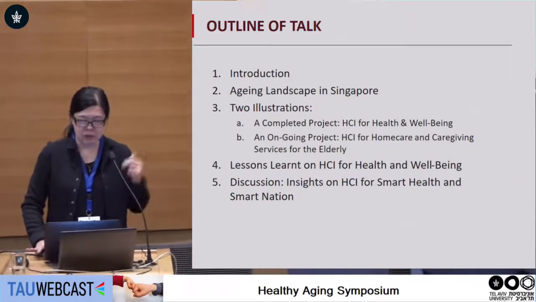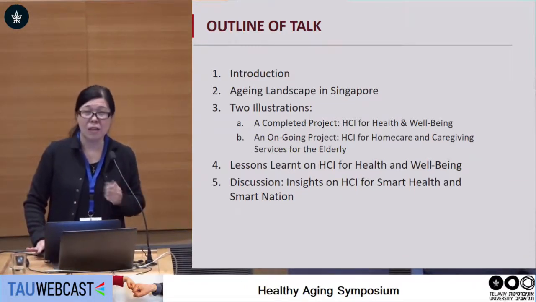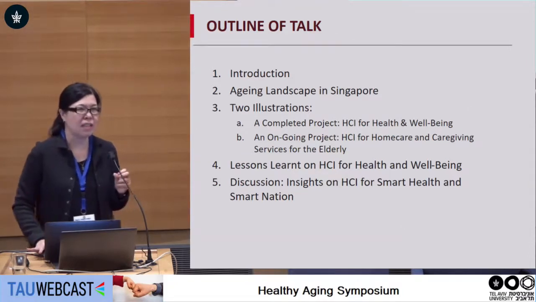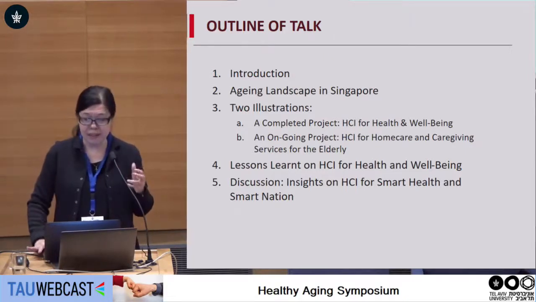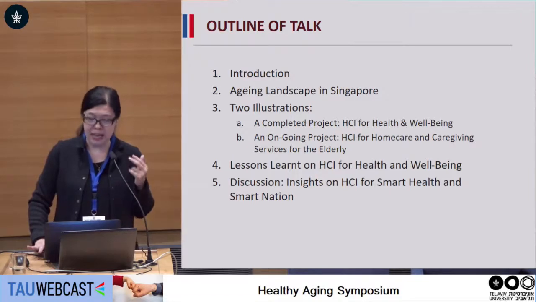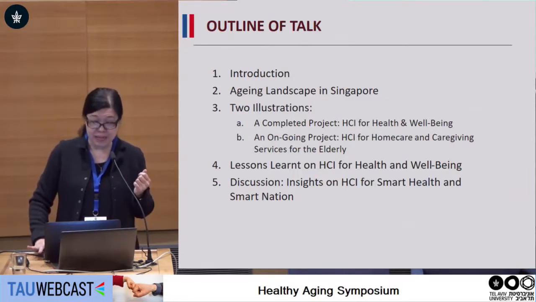Then I'll go on to the aging landscape, two examples of how human-computer interaction can be used for understanding or helping the elderly age well and age actively, and some of the lessons learned.